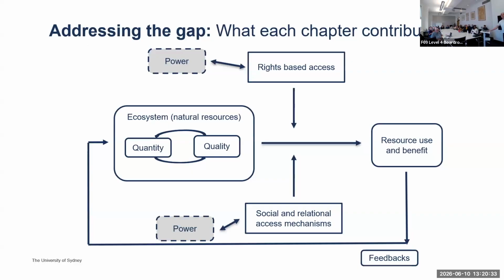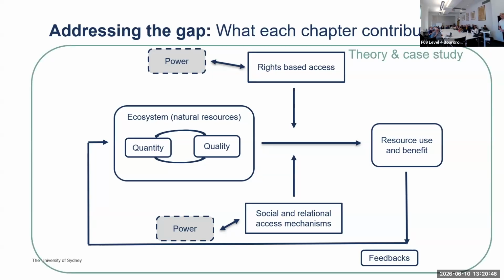I just want to come back to the figure I showed at the start, to show how each of the sections I've just talked through fits within this wider framework. So in the theory and case study, I hope to address the entire system, thinking about these feedbacks and all these links, and both rights and different access mechanisms.